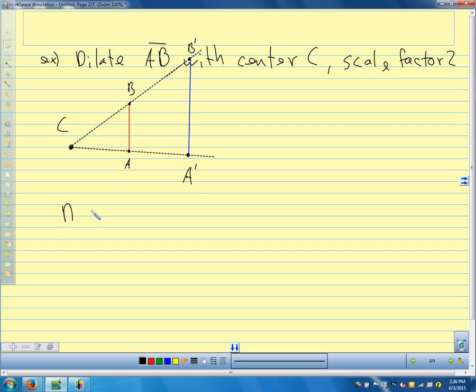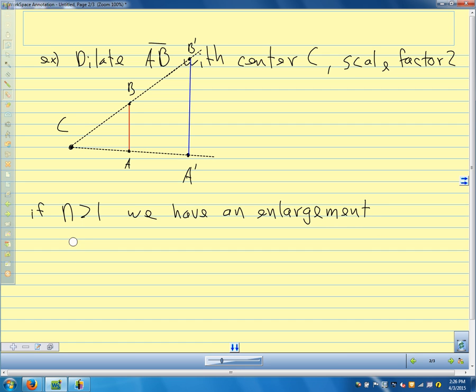All right, if n is greater than 1, so our scale factor is bigger than 1, we call the dilation an enlargement. And if n is between 0 and 1, so that means we have some kind of fraction or decimal, 1/2, 1/4, 0.7, we get a reduction.